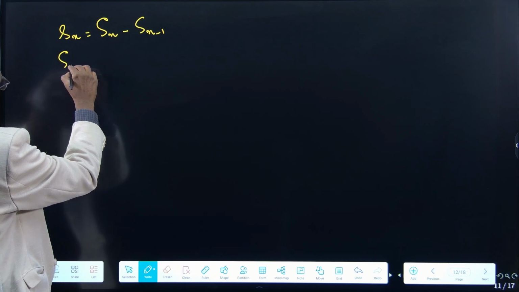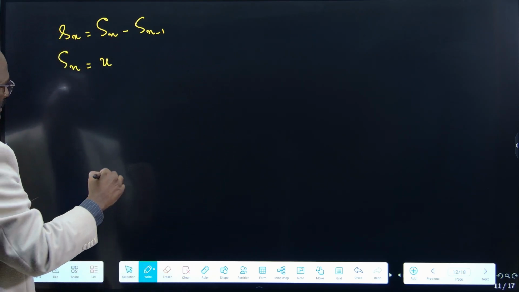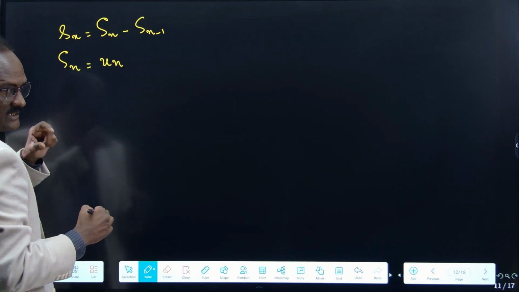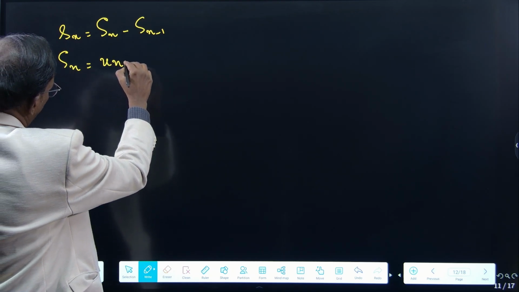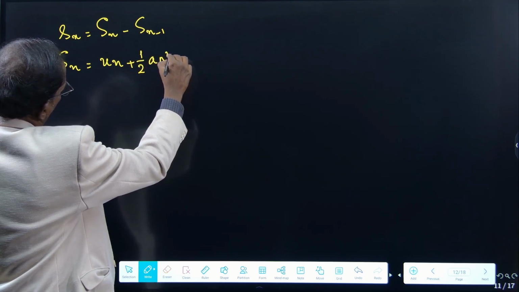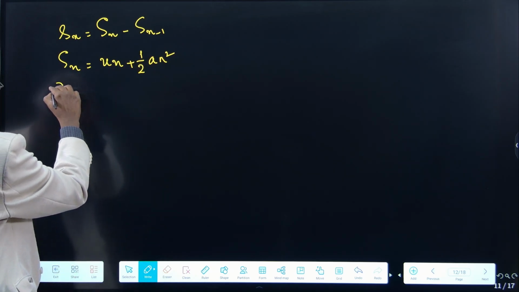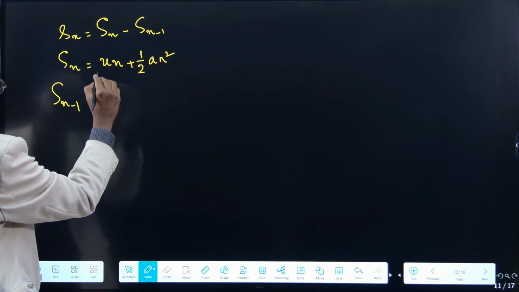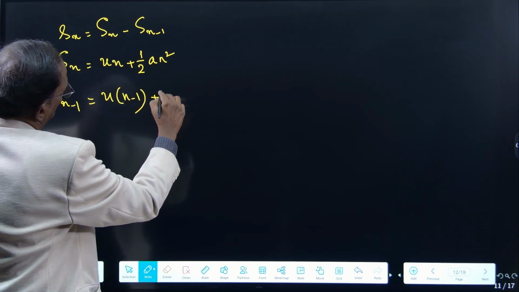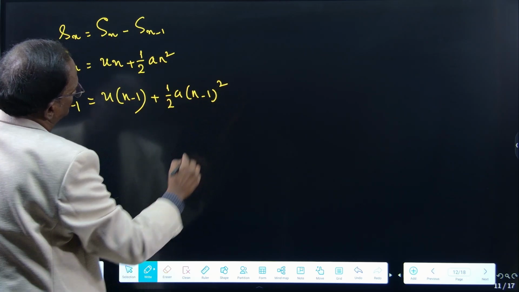S1, what can we write? The general formula is ut plus half a t square. Instead of t, let me write n. T is equal to n. Then Sn minus 1 is equal to u of n minus 1 plus half a n minus 1 square.